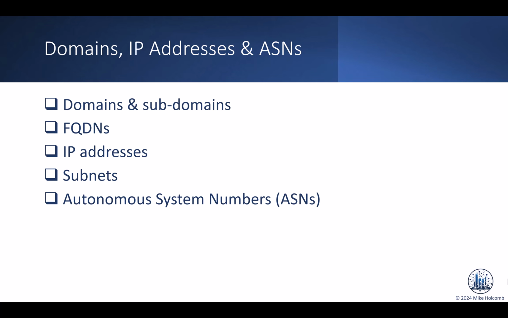More systems, more exposures. Of course, those systems reside in IP ranges. So we're going to look at how we find the IP addresses associated with these particular systems. And then if I have a single IP address, how do I map it to the overall subnet that it resides in? Because it's not always as cut and dry as on internal networks, where you're used to seeing a standard /24 class C subnet perhaps, or a class A /8 subnet.